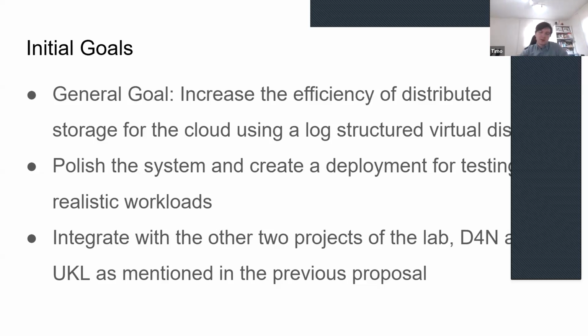Therefore, we ended up setting it up on the same nodes as other people on different projects were working on. In particular, we were using the same types of nodes as people working on the D4N project, so that we can later integrate the two together.